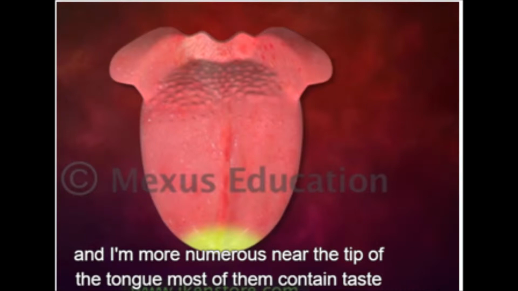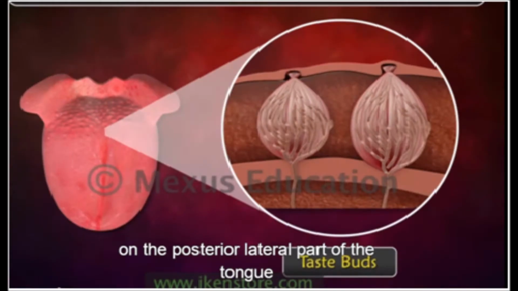Vallate papillae are arranged in the form of an inverted V on the posterior surface of the tongue, and all of them contain taste buds. Taste buds are present on the posterior lateral part of the tongue.